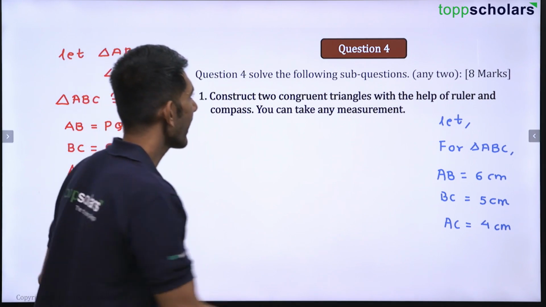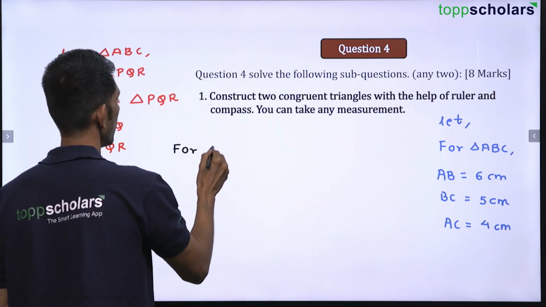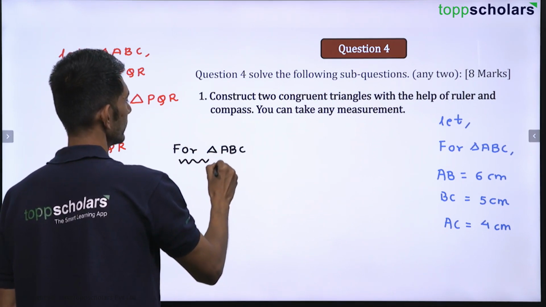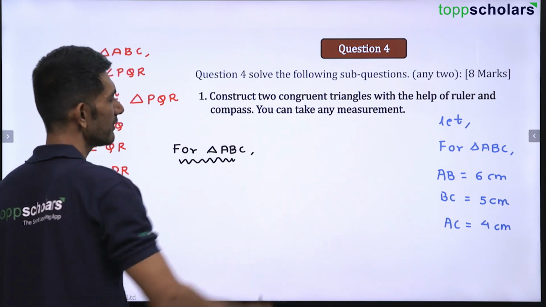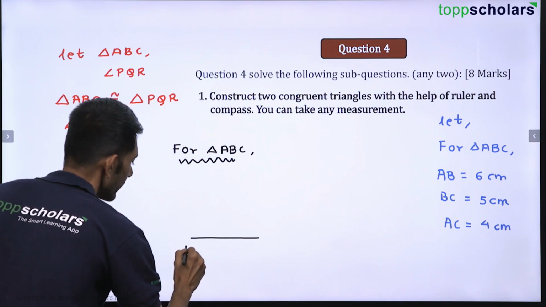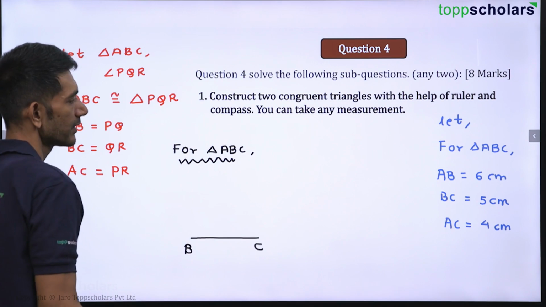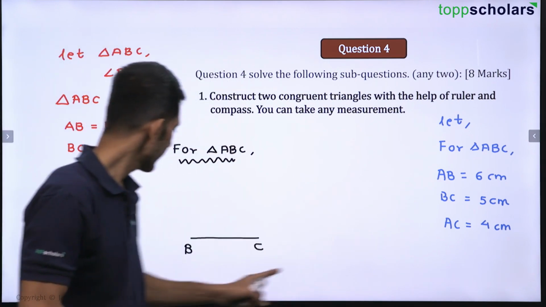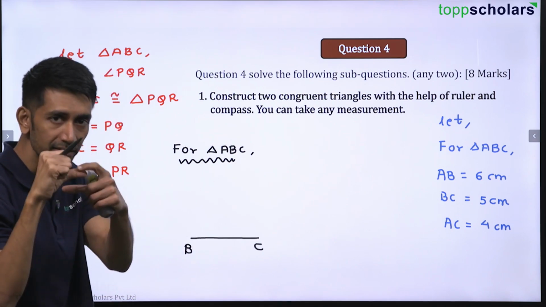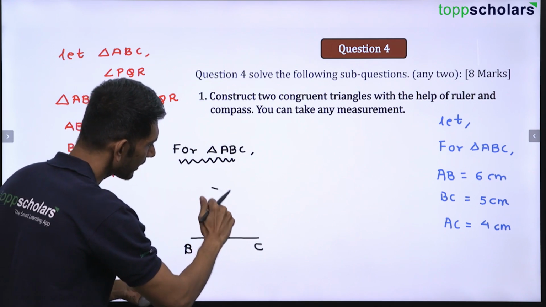You need to construct triangle ABC. If I go with the construction, I can take the base BC, draw BC of 5 centimeter. BC is how much? 5 centimeter. Now AB, A is the remaining point, that is 6. Take 6 centimeter, place the compass pointer at B and cut an arc.